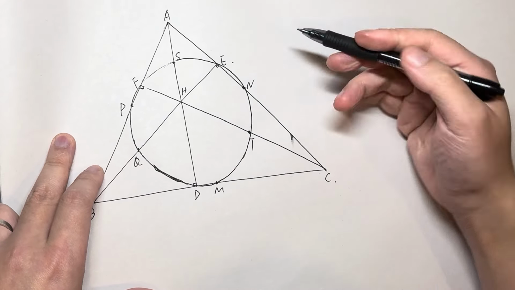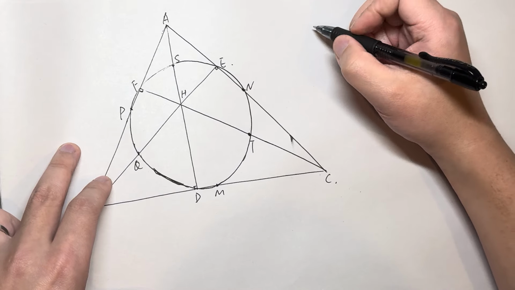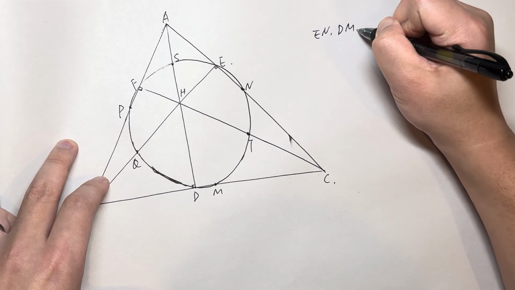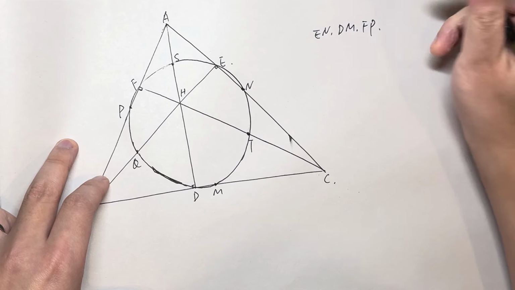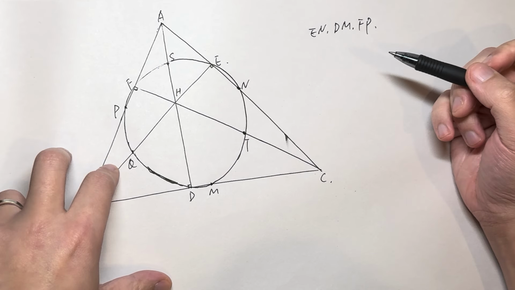Now we want to prove that, first we want to find the triangle that is formed by EN, DM, and FP. Right, we want to find these three triangles.